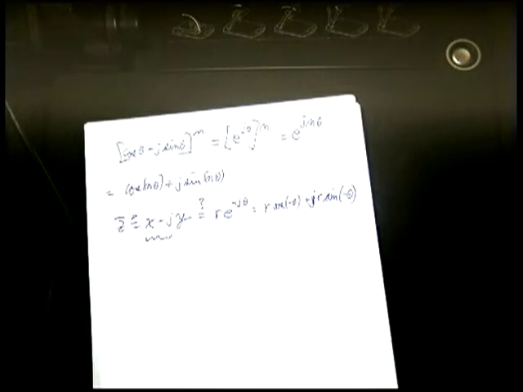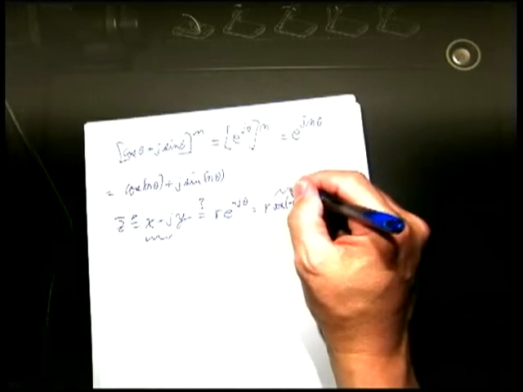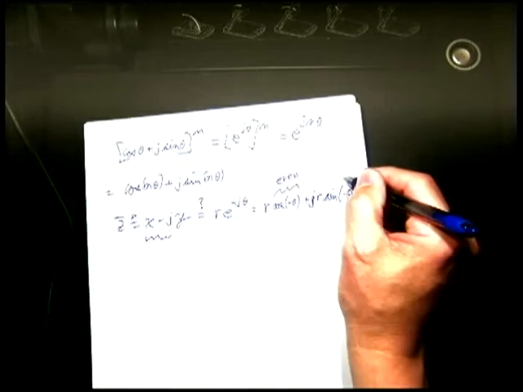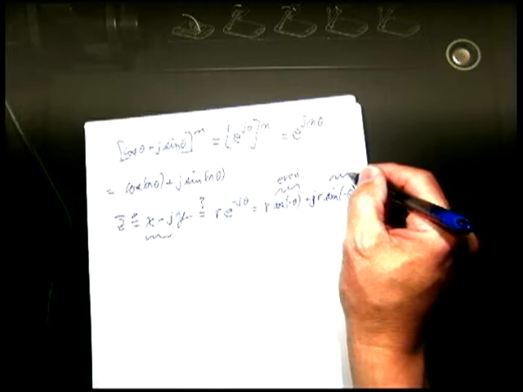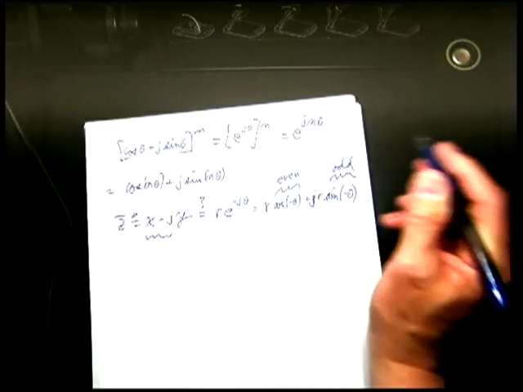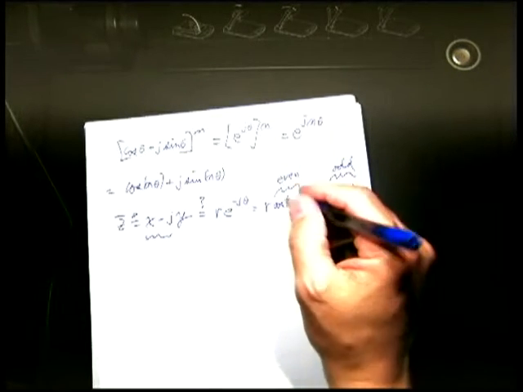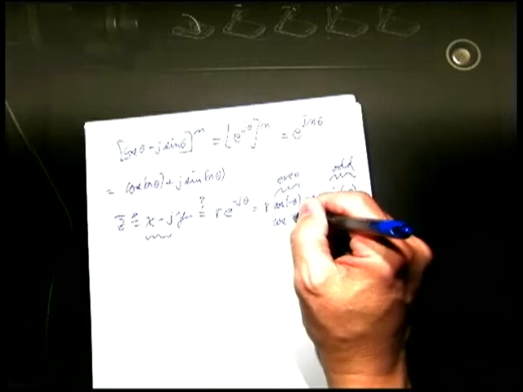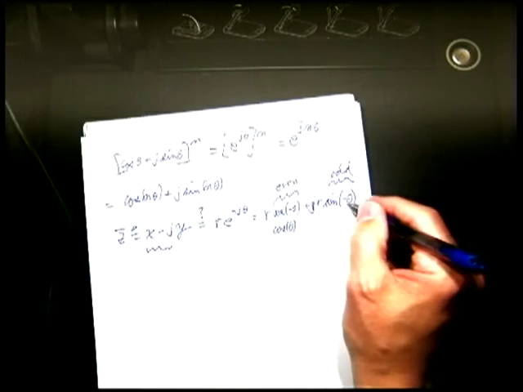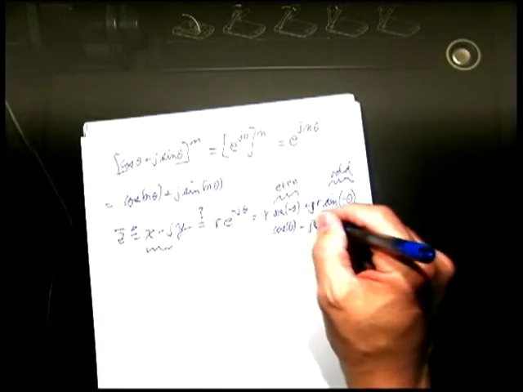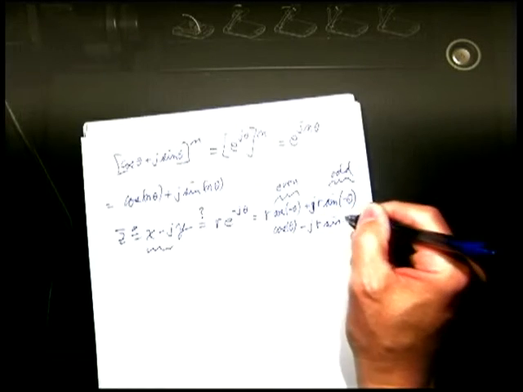And one thing you have to know about sine and cosine is that cosine is even and sine is odd. So that means that cosine of minus theta equals cosine of theta, and sine of minus theta equals minus sine of theta.